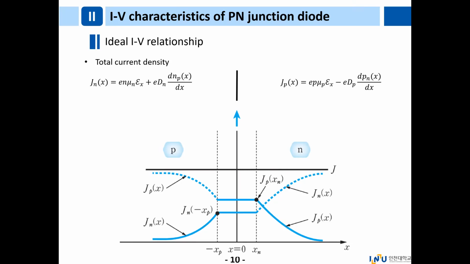In the case of low level injection, the motion of excess carriers injected by the forward bias is governed by excess minority carriers based on the ambipolar transport theory. Since the electric field in the neutral region is almost zero, the drift current is negligible.